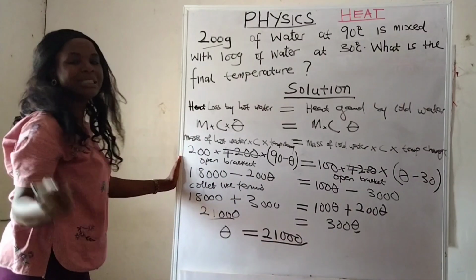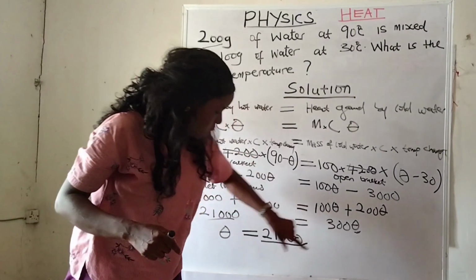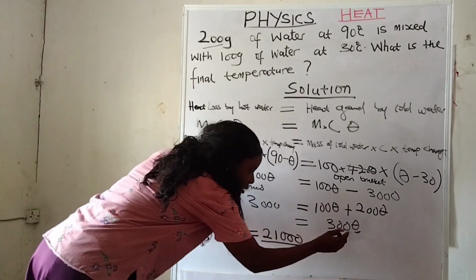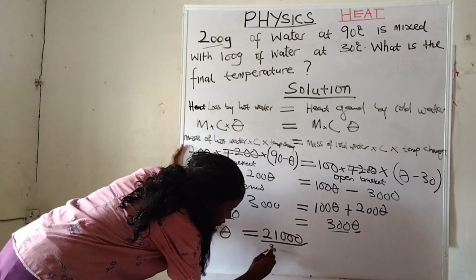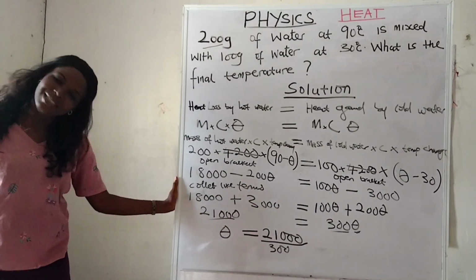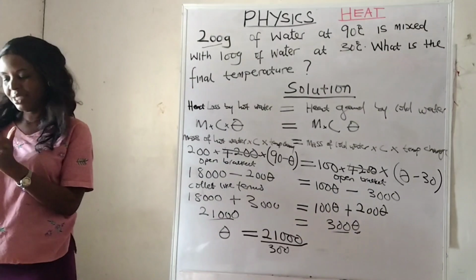Divided by what? The number with theta now will come down. It will be divided by this 300. Which will give equals to what? Let's evaluate it first.